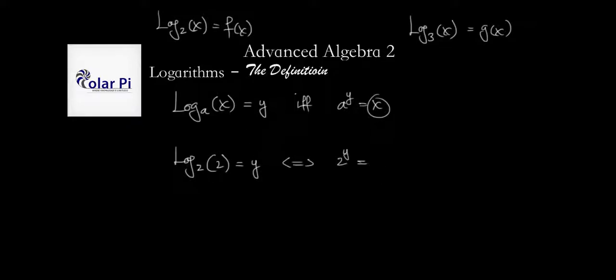If and only if 2 to the y is equal to 2. Well, 2 here can be written as 2 to the first. So that would mean that y is equal to 1. So we see that log base 2 of 2 is equal to 1.